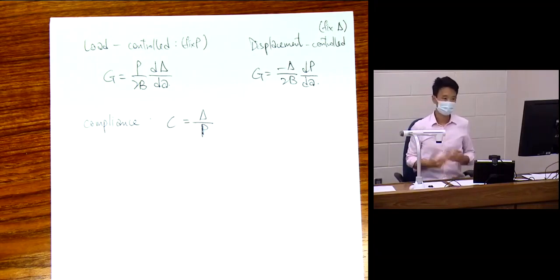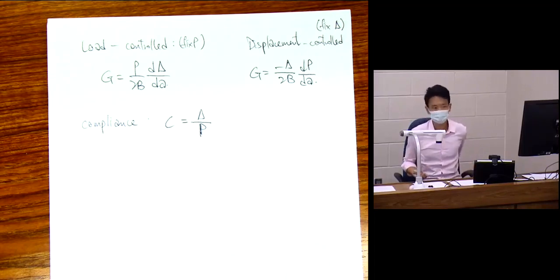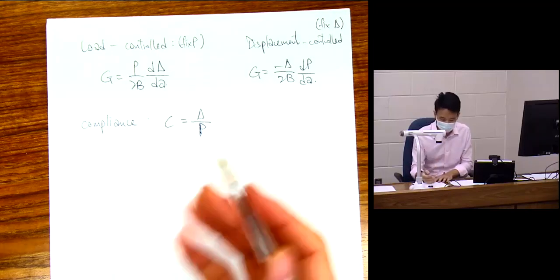You can measure that very easily, because it is just the reciprocal of the stiffness. Stiffness is load over displacement, and this is displacement over load. Compliance and stiffness, you multiply the two, you get 1. So compliance C is delta over P.